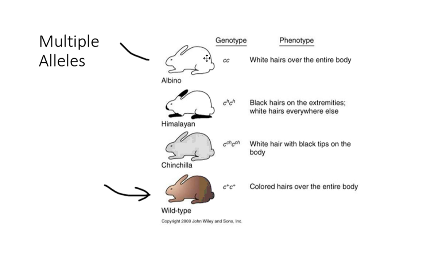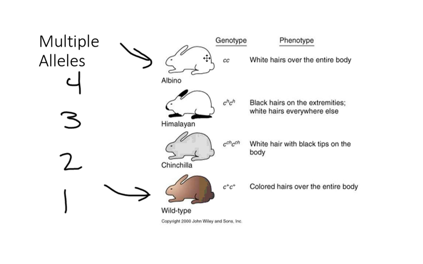The albino rabbit here is the most recessive. And so in between, you have chinchilla and Himalayan and different colors that represent this hierarchy of dominance. Chinchilla is more dominant than Himalayan, but less dominant than wild type, and so forth. And so you have lots of different blends.